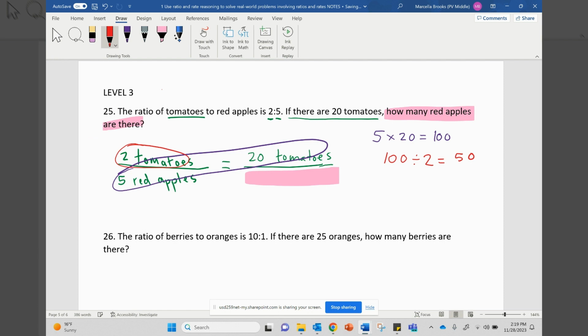And the final piece is that we have to put that 50 into context of the problem. So we're not just going to put 50 down and say that's our answer. We're going to answer the question in a full sentence. How many red apples are there? There are 50 red apples.